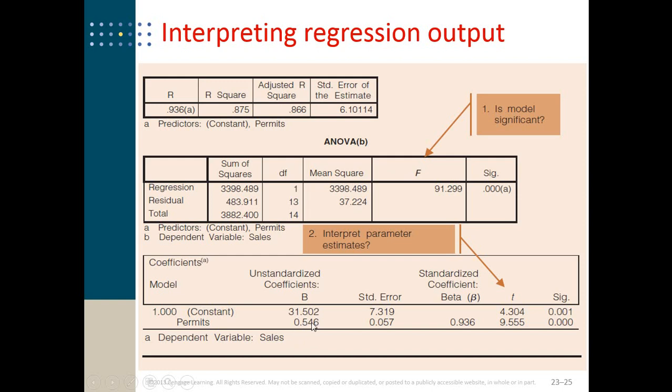Okay, I repeat, a positive coefficient indicates a positive relationship between number of building permits and dealer sales volume, and 1 unit change in number of building permits will cause a 0.546 unit change in the dependent variable, for example, dealer sales volume. So this coefficient tells us the direction of the relationship and also how much the dependent variable will change.